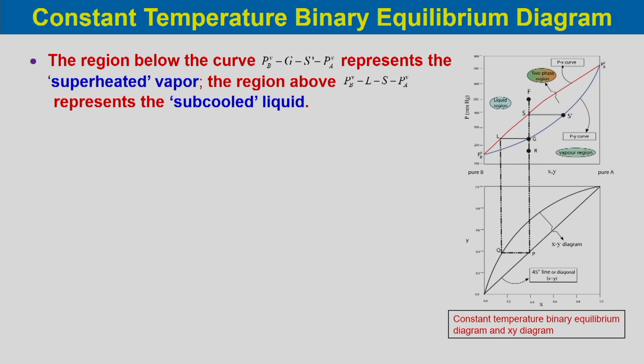Now, the region below, in this case, that is PBV, these points G, S dash and PAV, below this plot represents the superheated vapor, and above this PBV, L, S and PAV represents the subcooled liquid. So, above these regions is the subcooled liquid. So, this is the liquid region and this is the vapor region.